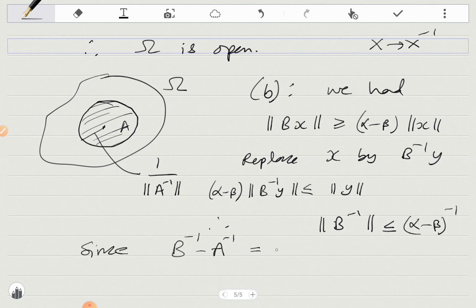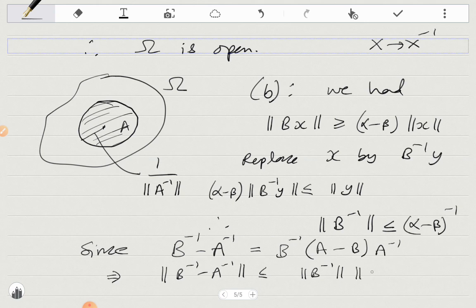The small trick is you write it as B inverse times A minus B times A inverse. And then let's take operator norms. Norm of B inverse minus A inverse is less than or equal to norm of B inverse, norm of A minus B, norm of A inverse.